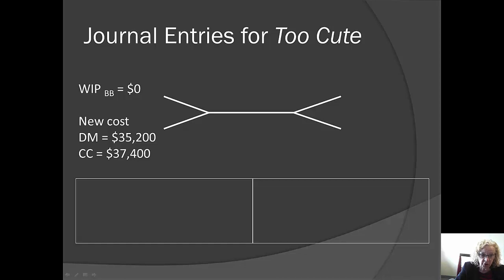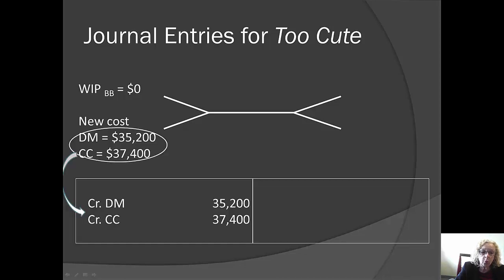In journal entry terms, that means we would credit our materials inventory and our conversion cost account for the amount that we used. We would debit, increase our work in process in the molding department.